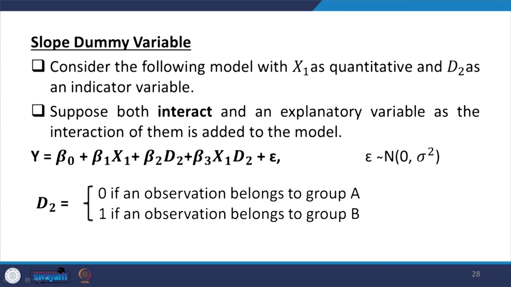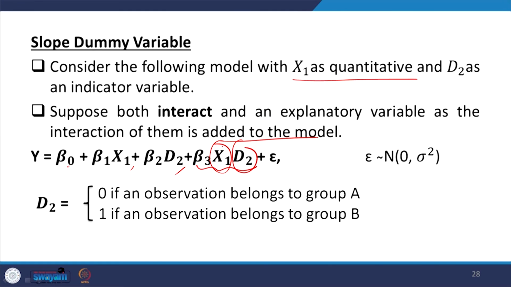Here x1 is the quantity variable and d2 is the indicator variable. Suppose both interact, and an explanatory variable, the interaction of them, is added to the model. The earlier terms are still there, and we are only introducing a new term with the interaction of both. The dummy is interacted with the explanatory variable, because there is some relationship between these two.